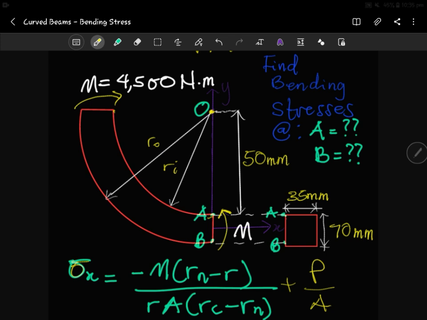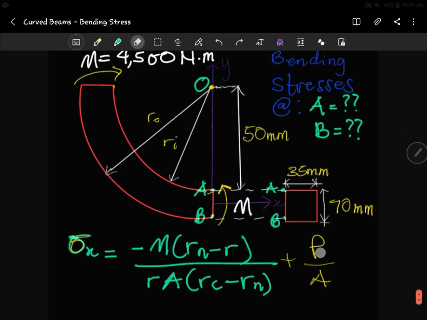So what are we trying to find here? When we look at this particular position A, the only thing that will cause a stress within this section of the beam is the bending moment, because there's no direct force applied. So in that case, we clear this off and try to find the bending stress at the positions. Before we do that, we have to make sure we have every parameter we need.